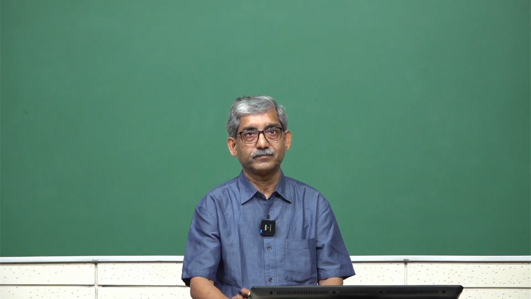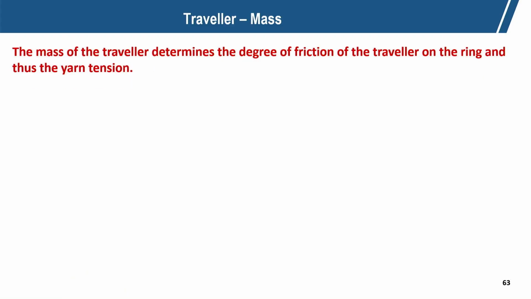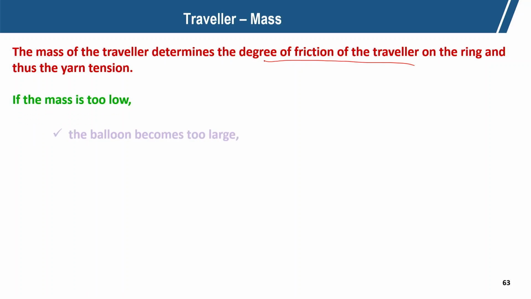Now, based on traveler mass, the traveler is classified. Okay. The mass of the traveler determines the degree of friction, okay, of the traveler, and which in turn increases the yarn tension. If the mass is low, what will happen?